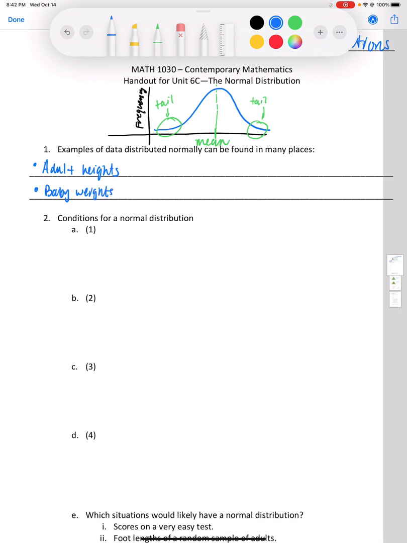Those ones have most of the babies weigh around a mean or an average, and then there's some that are really small, some that are really big.